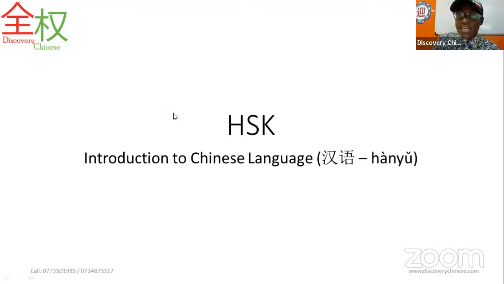Now the K, it's 考试. 考试 means an exam. Now, of course, ideally, once you have finished learning, you have to sit for an exam for them to see if you passed, if the pass mark, whether you passed or not, for them to either give you the certificate or deny you.